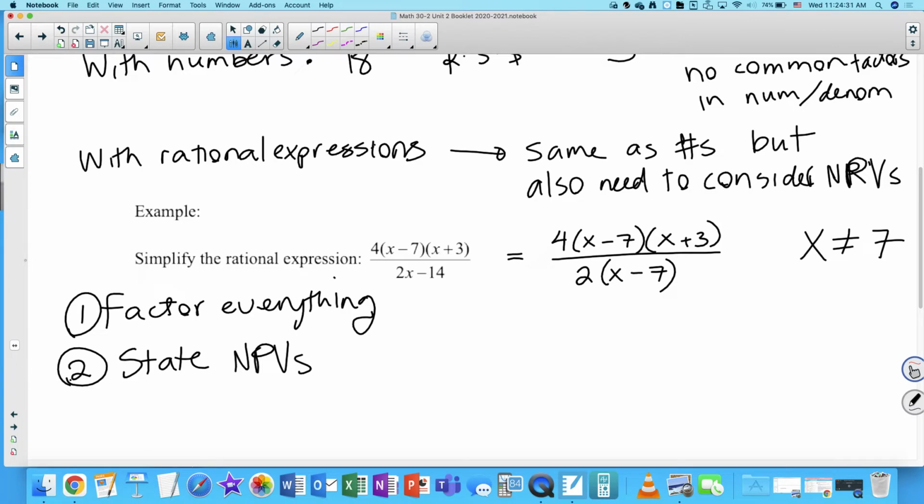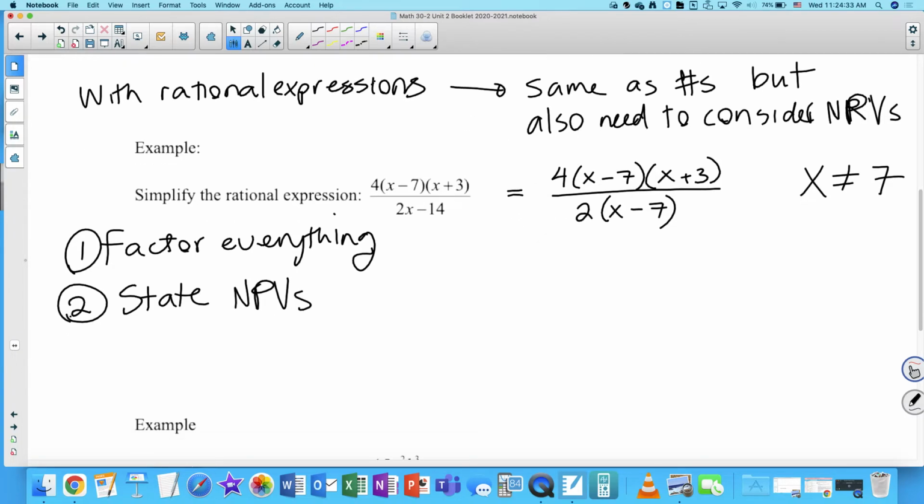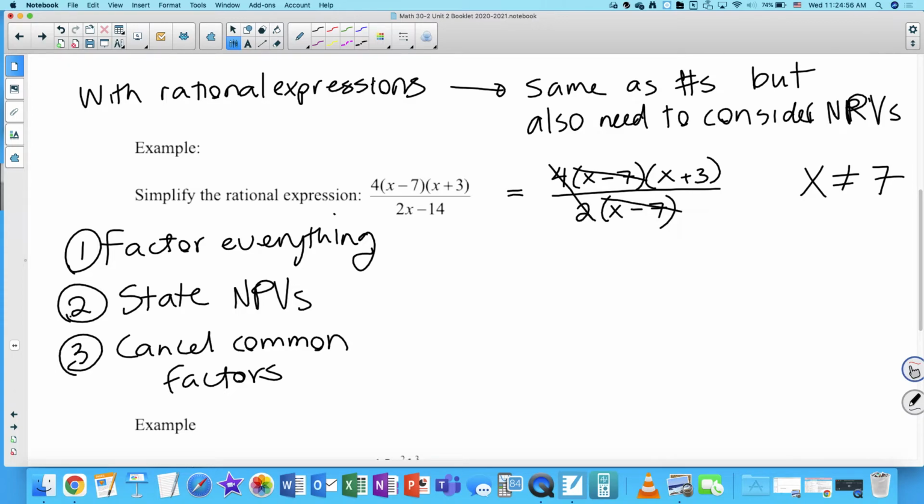Okay? Now we can cancel common factors. Okay? So I can cancel this. Is there anything else I can cancel? Yeah, 4 over 2 equals 2. So this simplifies to 2.